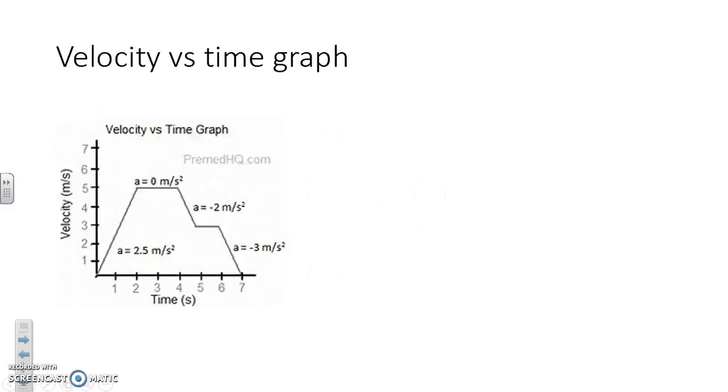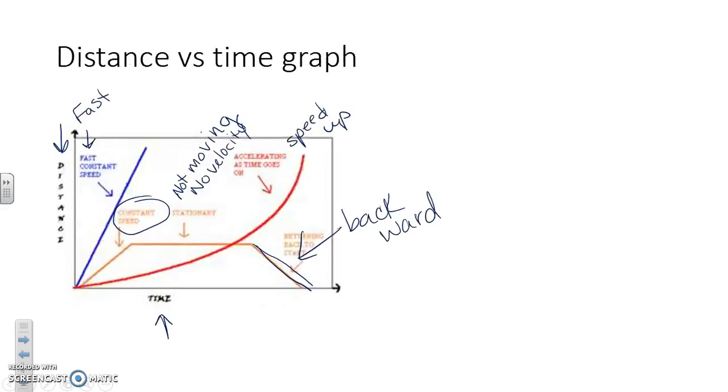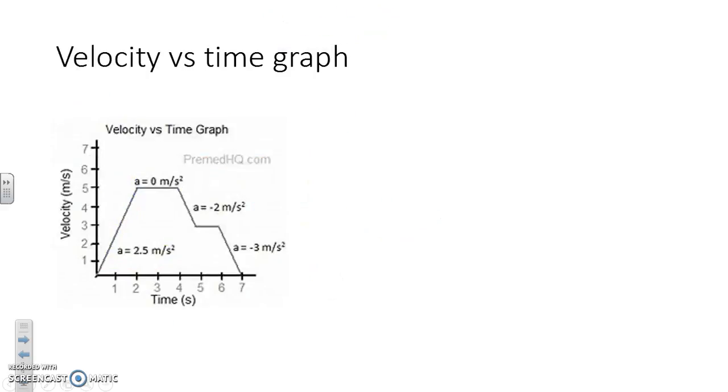On velocity versus time, let's go back. Remember, distance versus time, the slope gives us velocity. On the other one, velocity versus time, velocity over time is the same thing as acceleration. So velocity versus time gives us acceleration. Make sure you pay attention to what is on your axes.